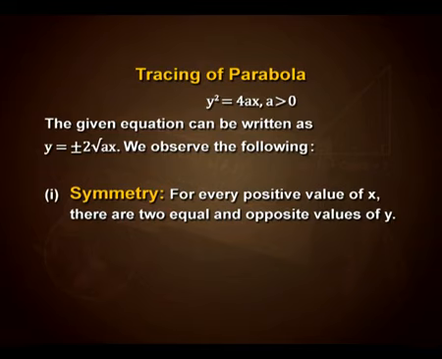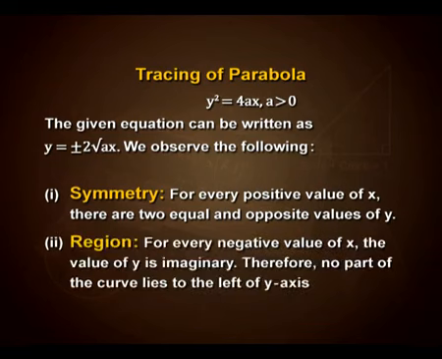For every positive value of x, there are two equal and opposite values of y. Region. For every negative value of x, the value of y is imaginary. Therefore, no part of the curve lies to the left of y axis.